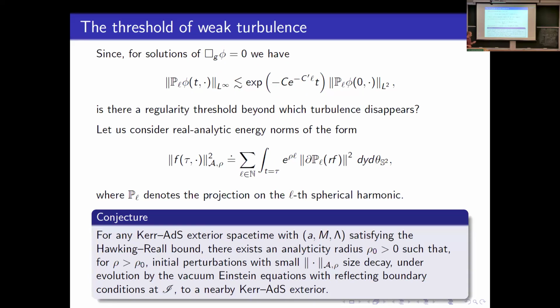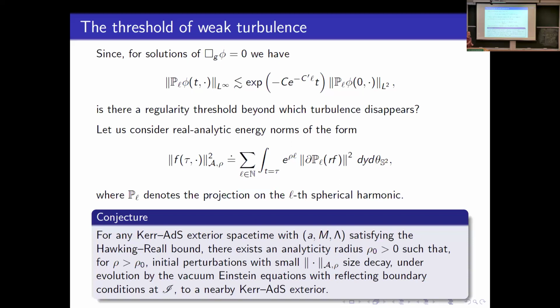And so our conjecture is essentially the following. Assuming that we believe that, let's say, Kerr-AdS below the Hawking-Reall bound is linearly stable (for the linear stability of Schwarzschild-AdS, Olivier talked about it, but the Kerr-AdS case is still open as far as I know), the claim is that if you look at initial perturbations which are small in an analytic norm, with a radius of analyticity determined from the geometry of the background, then the spacetime should be stable.